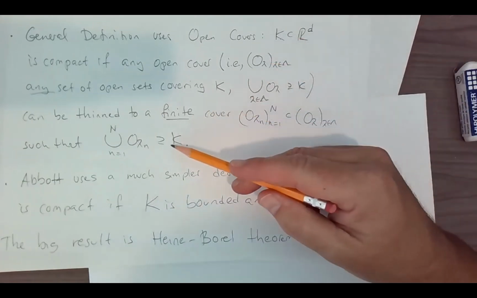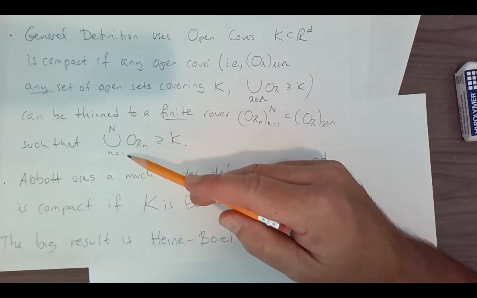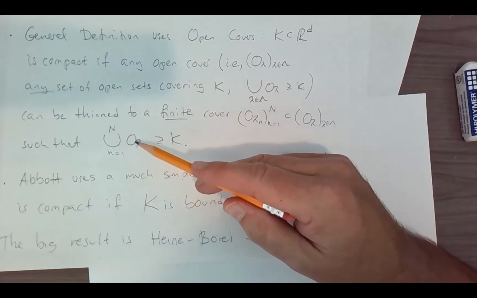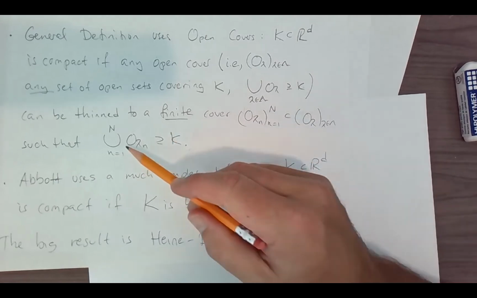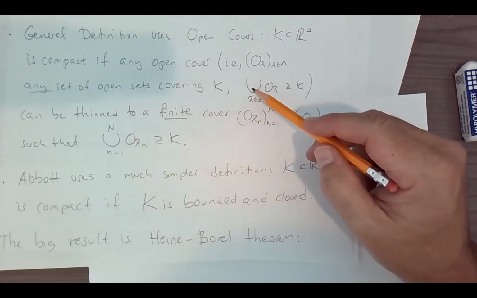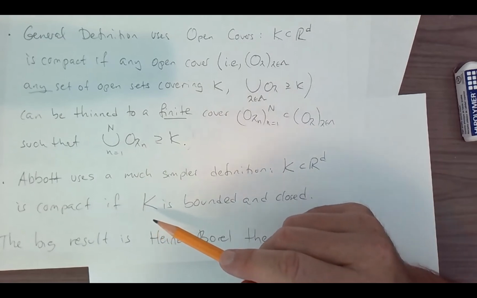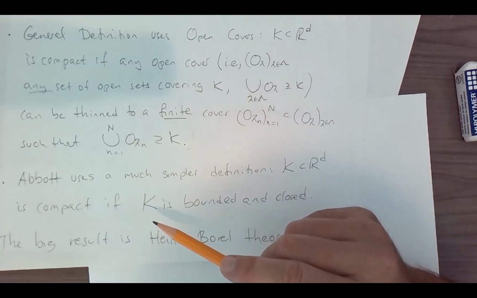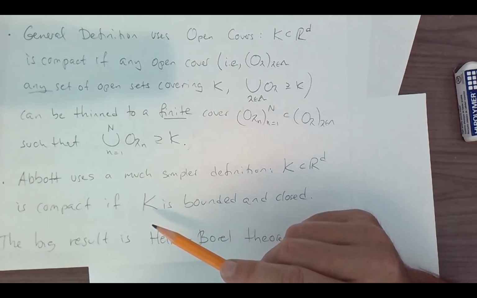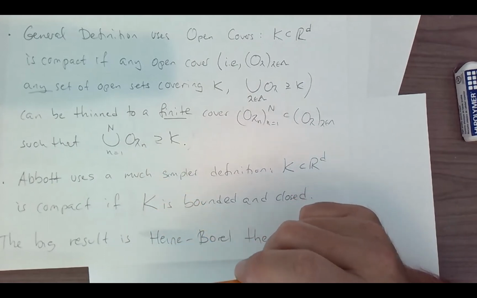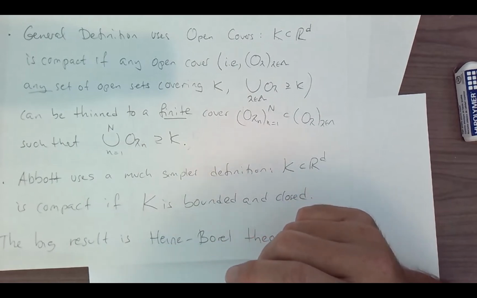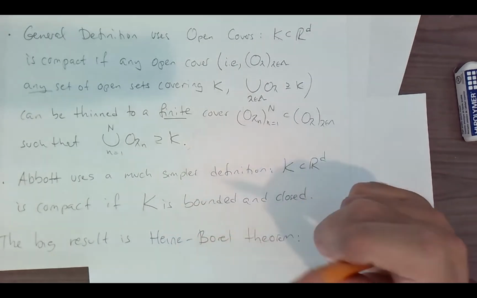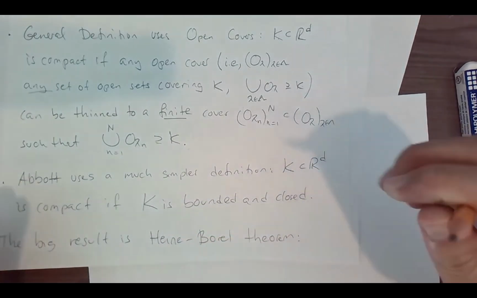It means that I still have the covering property, so the finite union of these open sets must still contain K. But I'm not saying anything about how that union should relate to the other union. Yeah, no other questions?